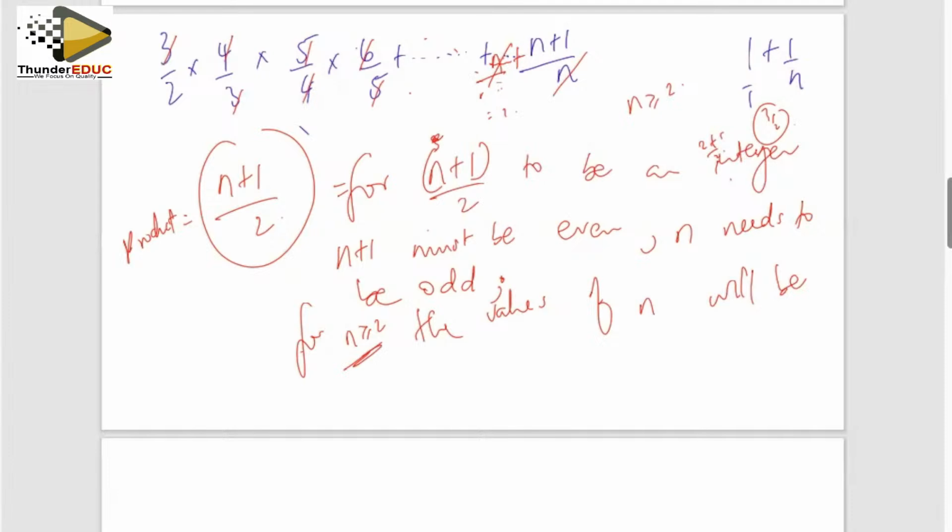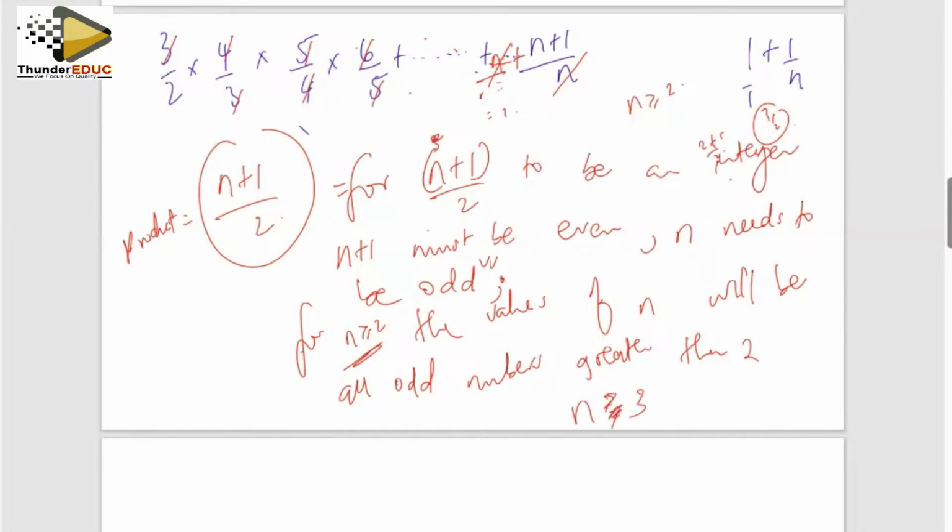We said what? n needs to be odd. So it will be all the odd numbers that are greater than 2. Odd numbers greater than 2. Or you can say that n is going to be greater or equal to 3.